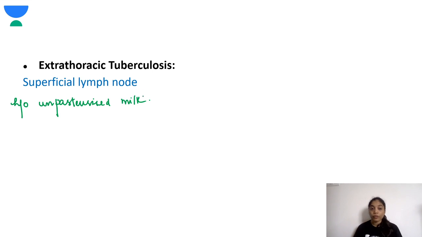Or there could be a primary disease, and that disease could have extended and caused tuberculosis of the lymph node, right? So if there was an extension of the primary disease, or if there was abdominal tuberculosis, upper lung, that could lead to the extension.